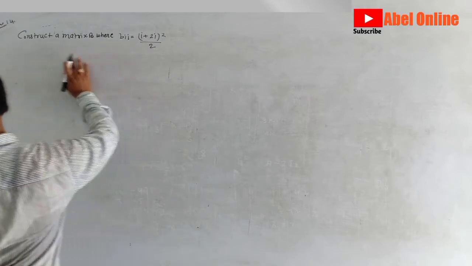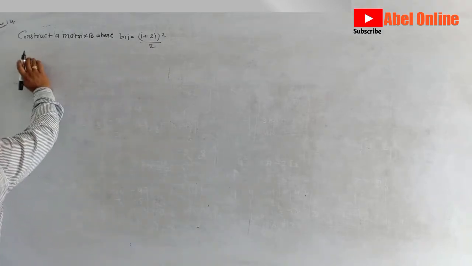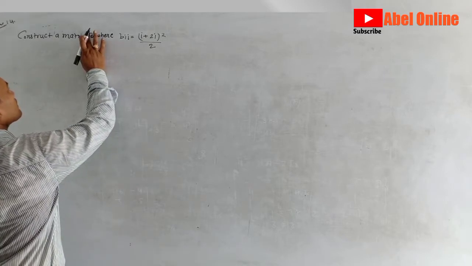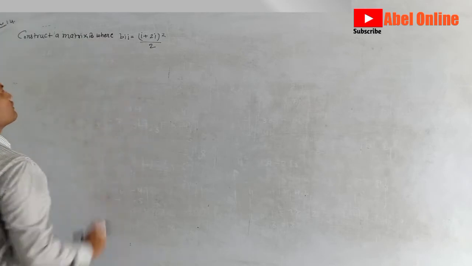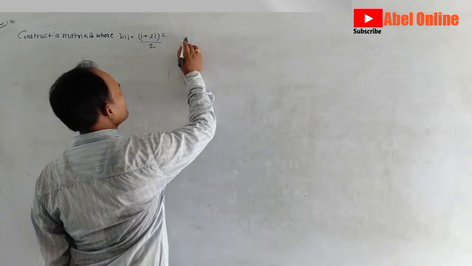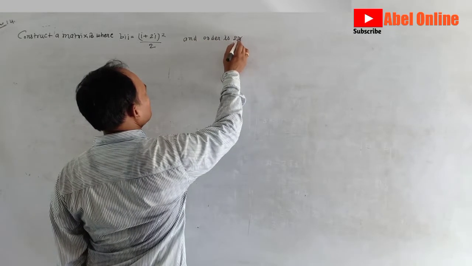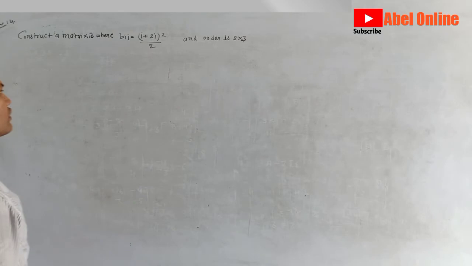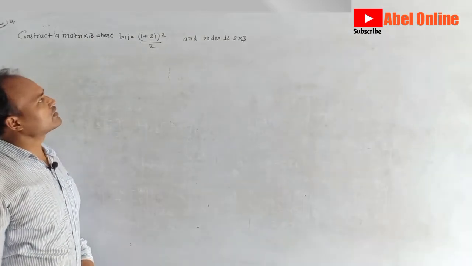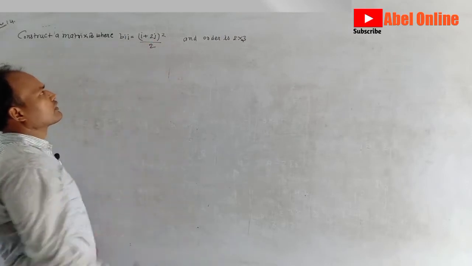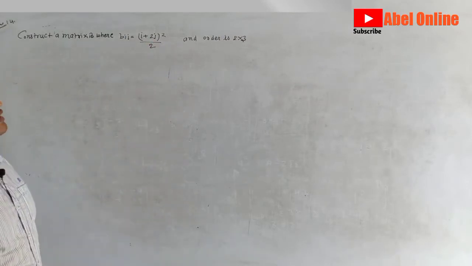Construct a matrix B where the order is 2 cross 3. It is given that the order in this question is 2 cross 3. So students, this is the question: construct a matrix B with Bij equal to (i plus 2j) whole square upon 2, and the order is 2 cross 3.